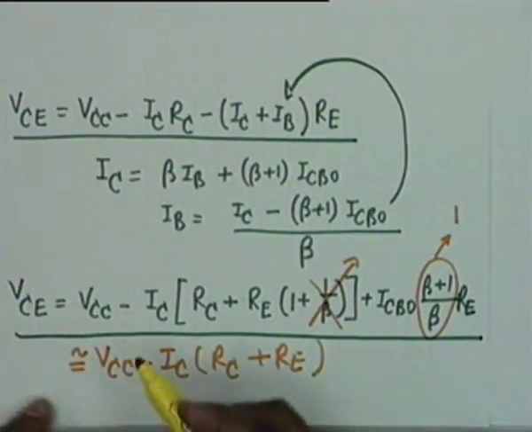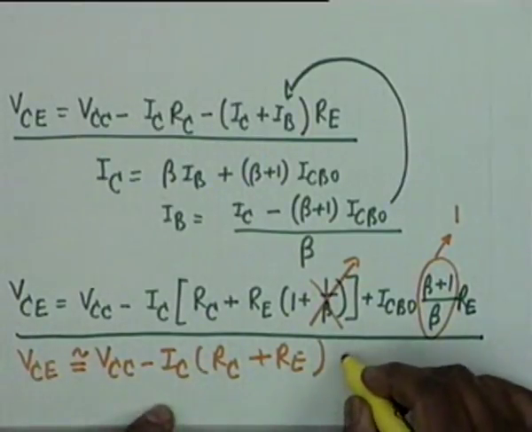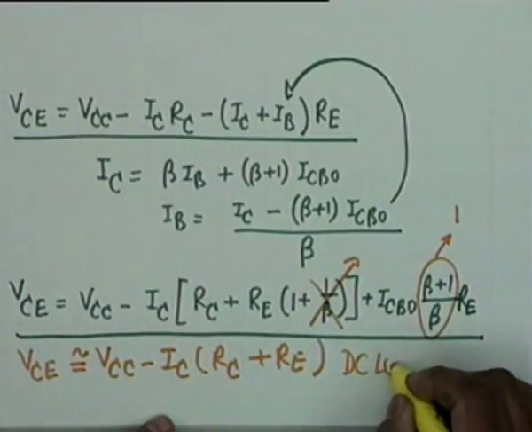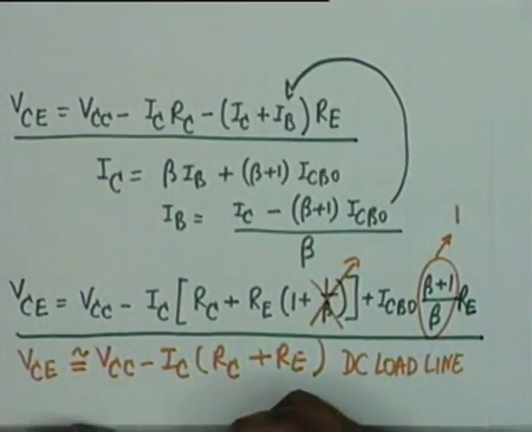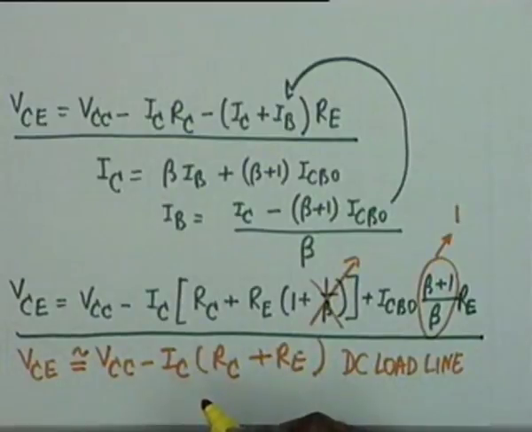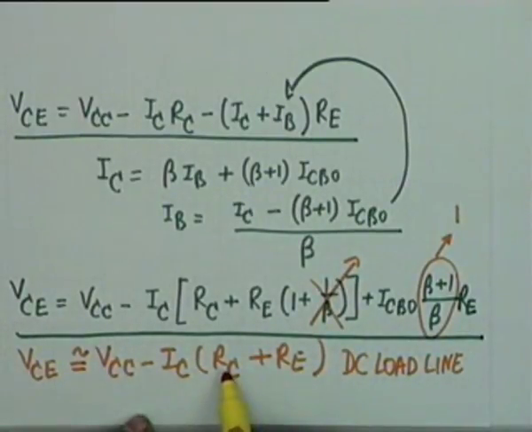Agreed? Yes. And this equation describes what is known as the DC load line. At DC, the equivalent load of the transistor is RC plus RE. They don't exactly add to each other.